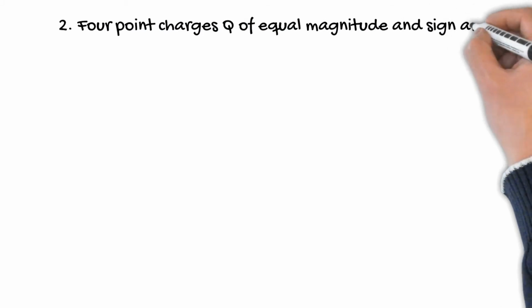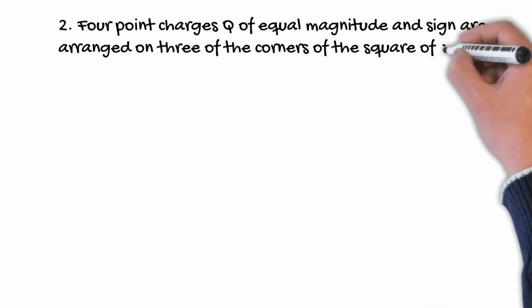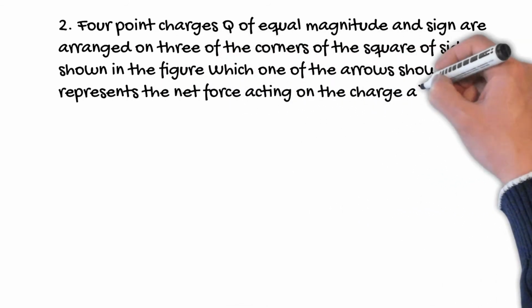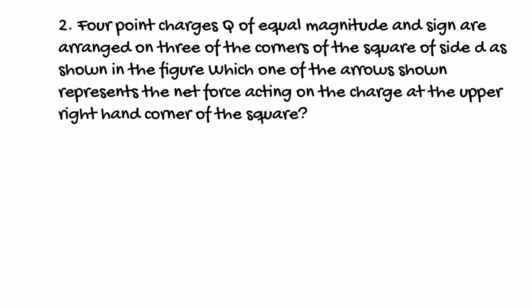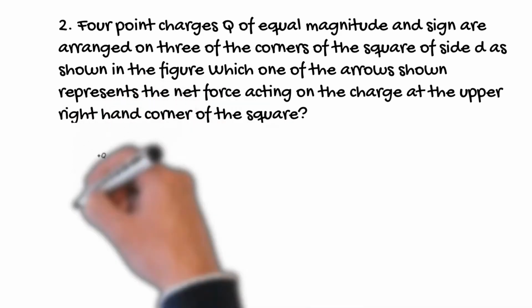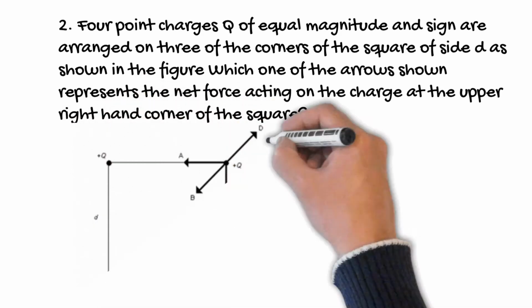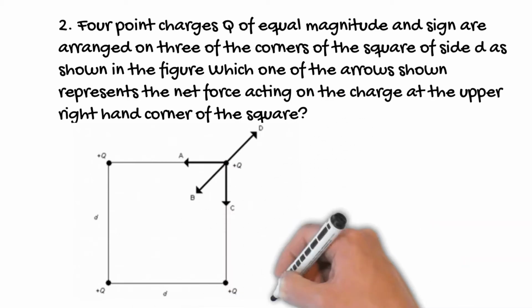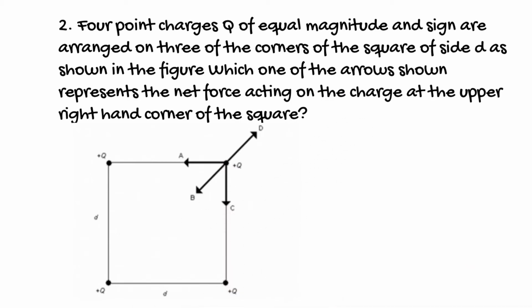Here's the second question. So you have 4 point charges, all of equal magnitude and sign, arranged on the 3 corners of the square as shown. What is the direction of the net force acting on the charge at the upper right hand corner of the square?